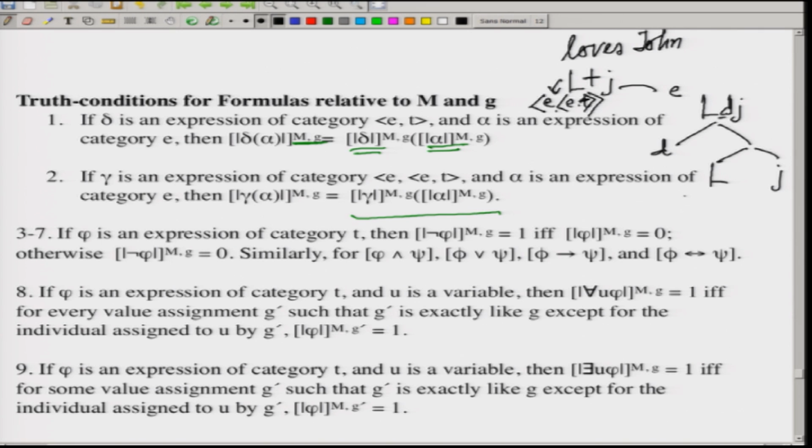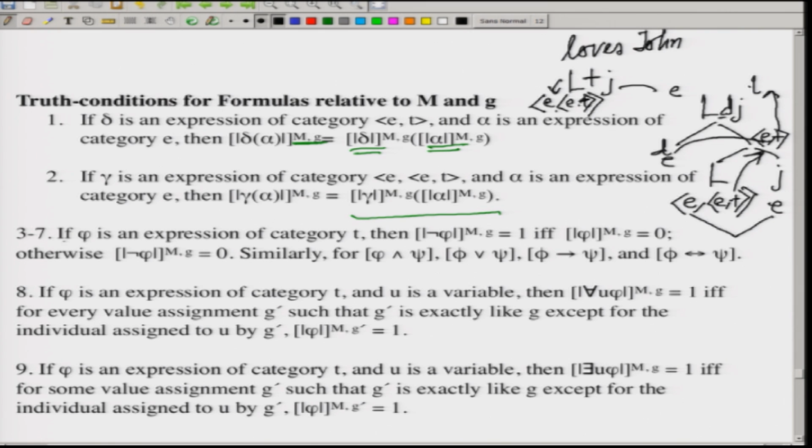So, the types will be like this. This is e, this will be the type e to t, this will be the type e, finally this is t. So, you see everywhere, look at this operation. The first elements are the same, the second element goes out. Once again the first elements are the same, the second element goes out. So, this is how it is constructed.